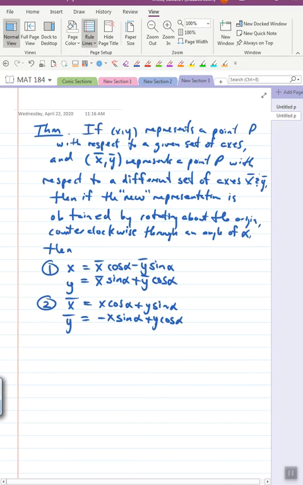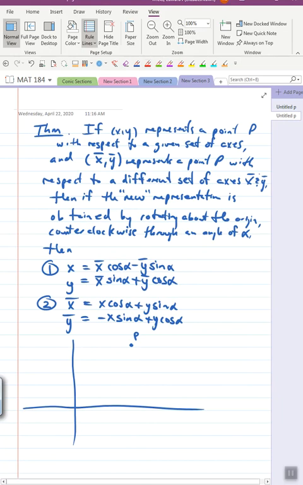Okay, first of all, let's explain what I mean by representing a point with respect to a given set of axes, just so you have a picture to think about for this. So let's say this is my point P right here.